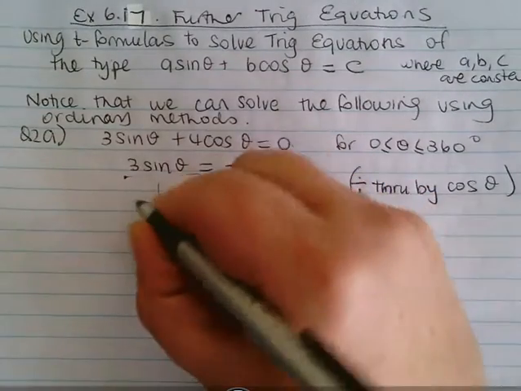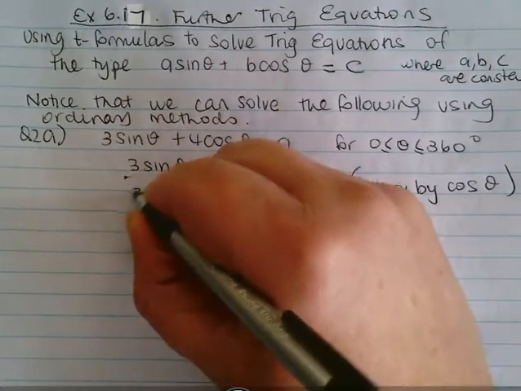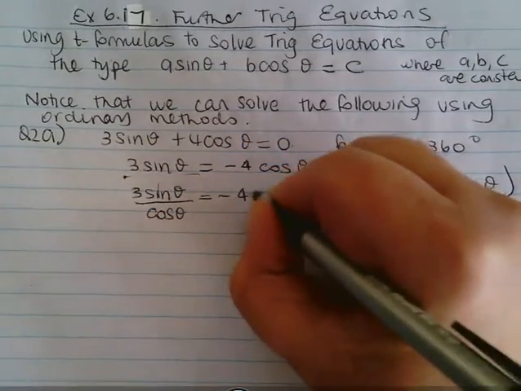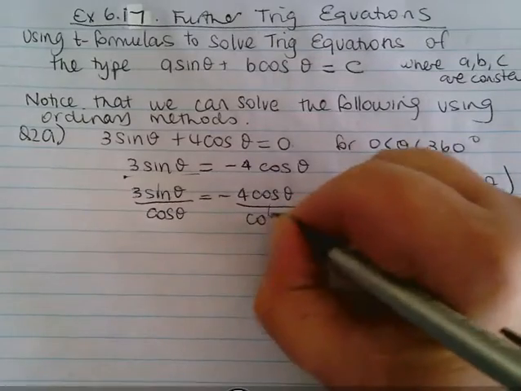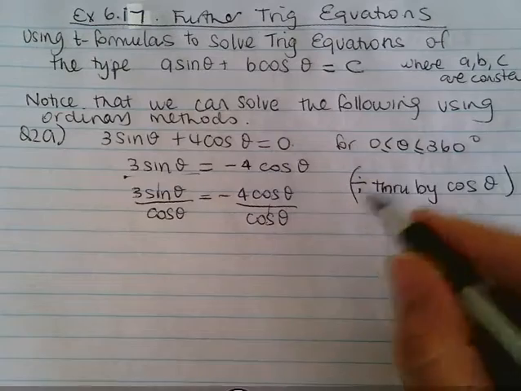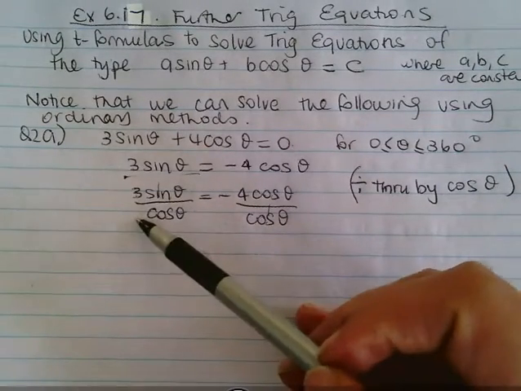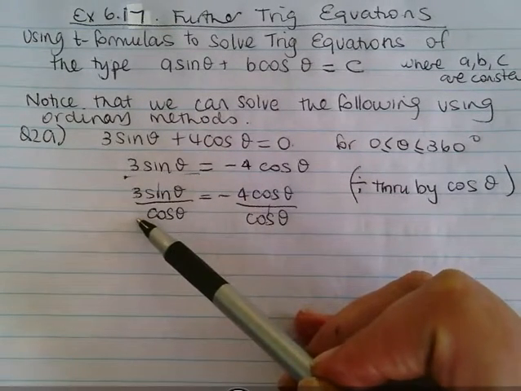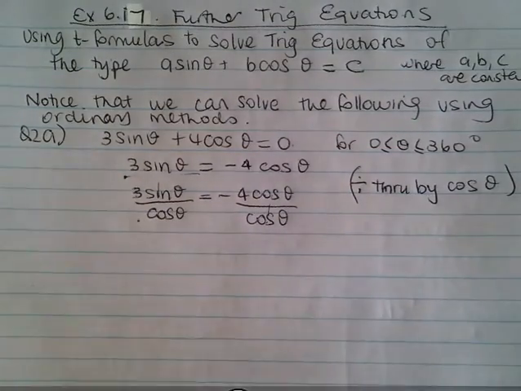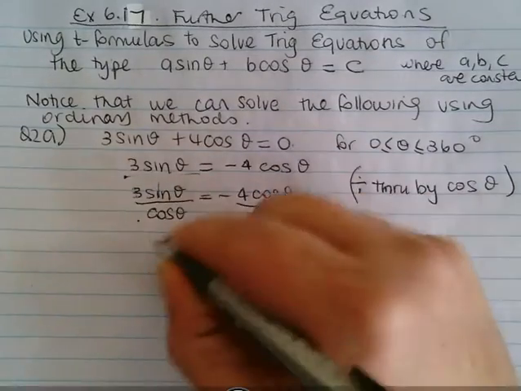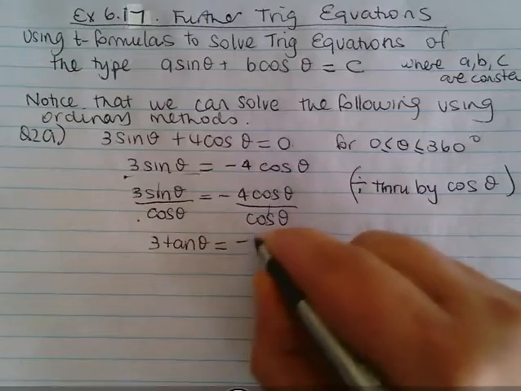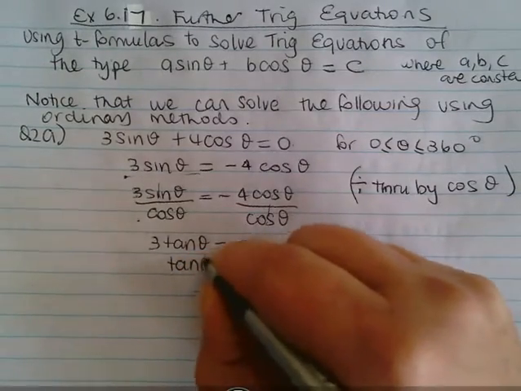So I've got 3 sine theta over cos theta equals negative 4 cos theta over cos theta. Actually, you know what would be even better to divide by? What would you like to see here? 3. That's all right. Let's just divide by 3. Divide by cos. So what do we get? 3 tan theta equals what? Negative 4. Now you can move the 3.